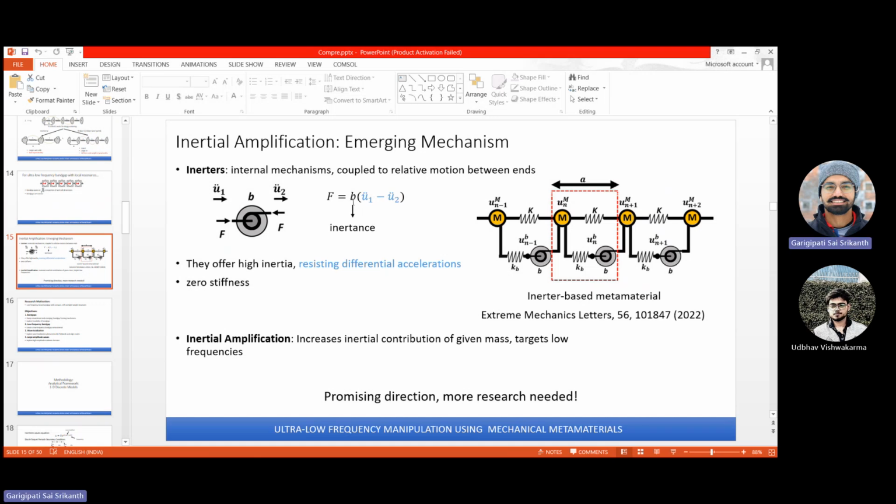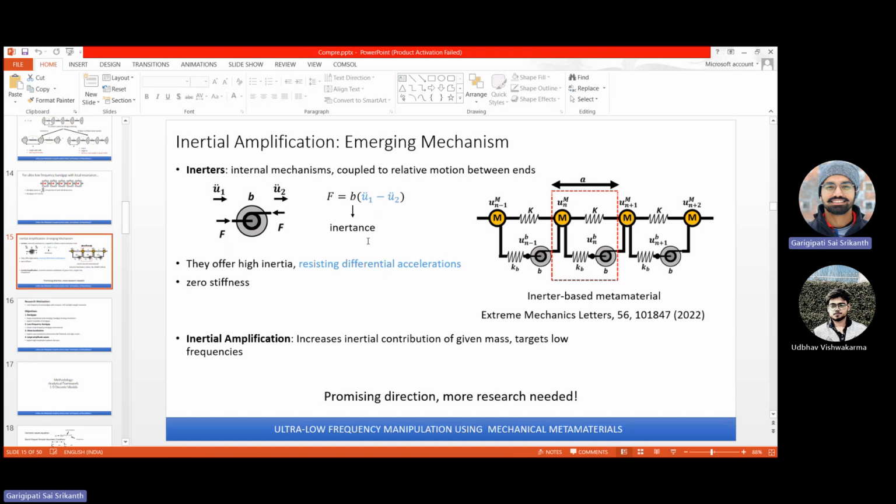If you compare F is equal to ma and F is equal to B delta U double dot, the idea is to have really high B by M. In the sense, a lot of inertia should be stored for differential accelerations for a given mass.